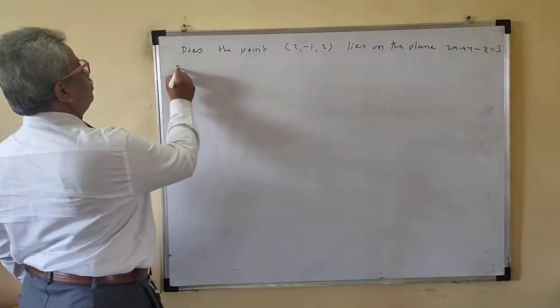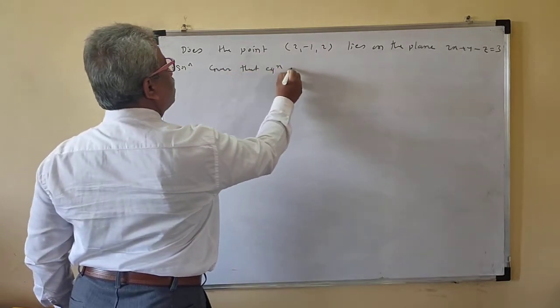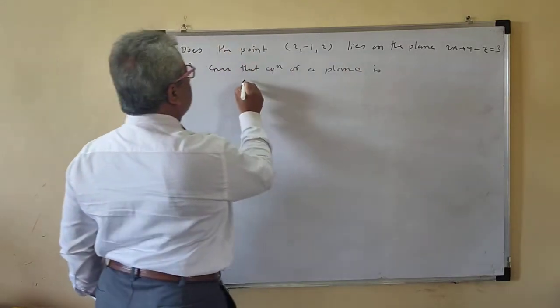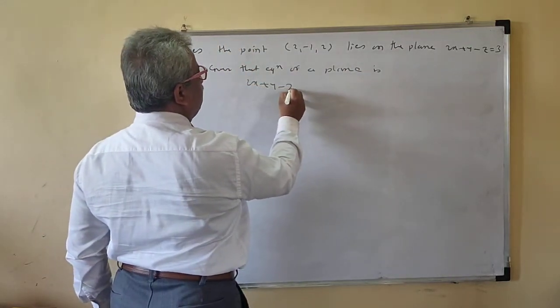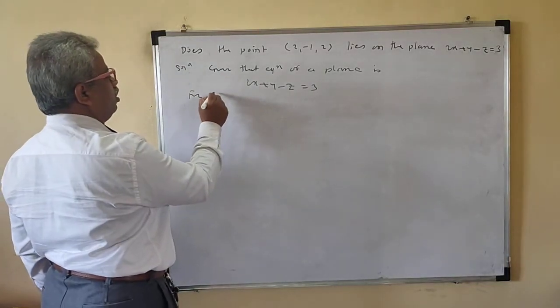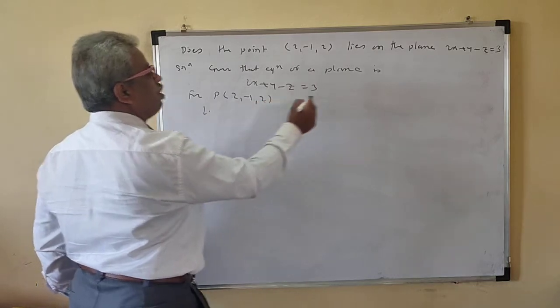Solution. Given that the equation of a plane is 2x plus y minus z is equal to 3. We'll call this 1, and the point P (2, minus 1, 2).